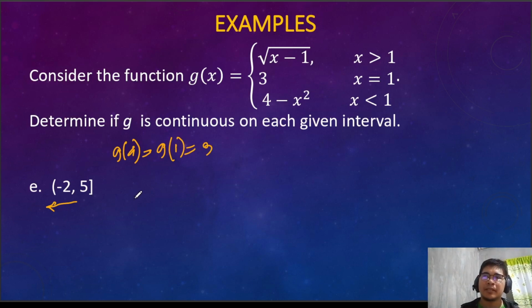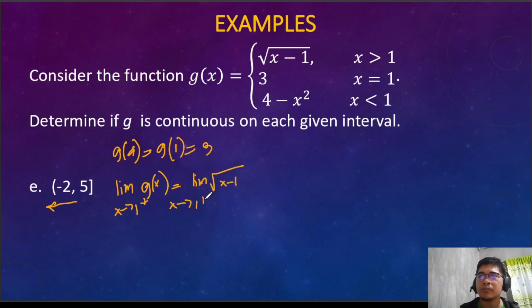the limit. We can have it from the left and from the right. So we get the limit of g of x as x approaches 1 from the right, which is equivalent to the limit of square root of x minus 1 as x approaches 1 from the right, or the square root of the limit of x minus 1 as x approaches 1 from the right. That is equivalent to the square root of 1 minus 1 equals 0.